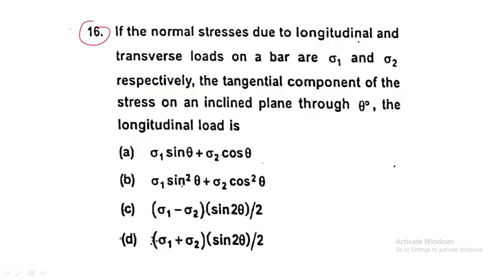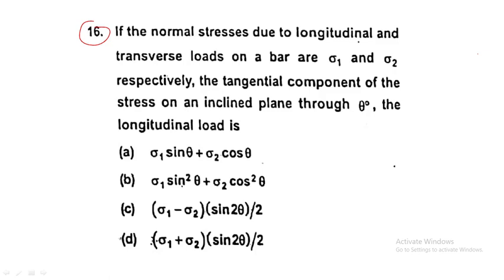Question number 16. If the normal stresses due to longitudinal and transverse loads on a bar are σ1 and σ2 respectively, the tangential component of the stress on an inclined plane through theta to the longitudinal load is. This is a repeated question, we have already done it, right.